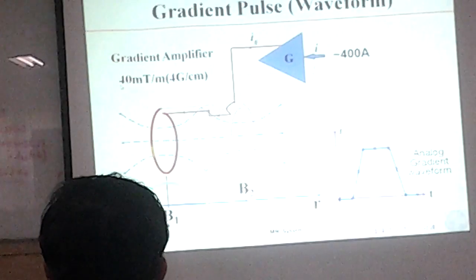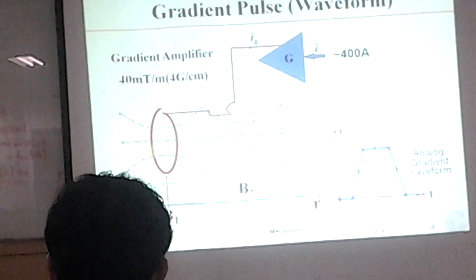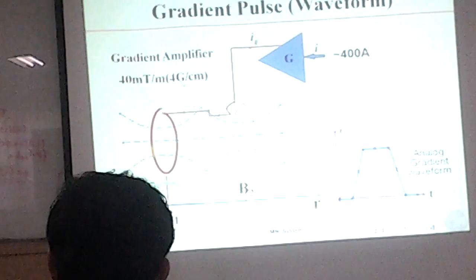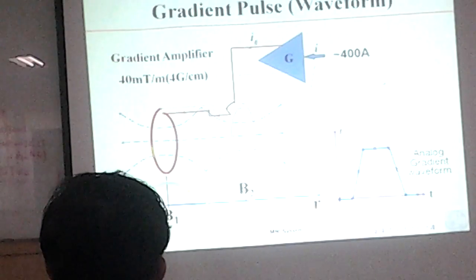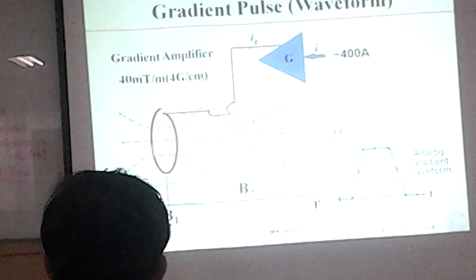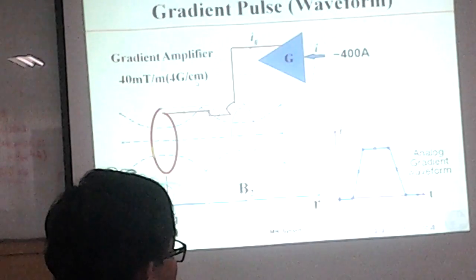Here, the unit of the gradient waveform is millitesla per meter or Gauss per centimeter. We already practiced this. I think there was some homework about this.